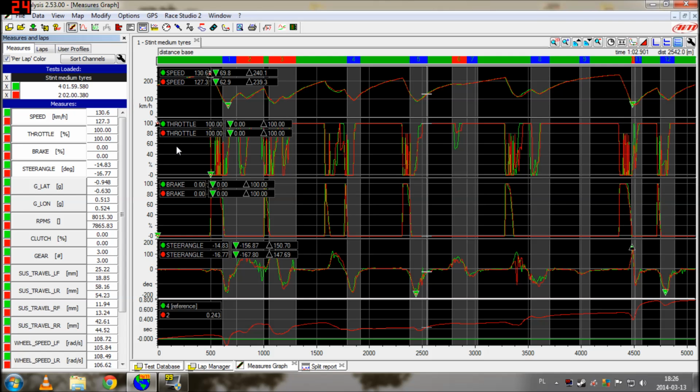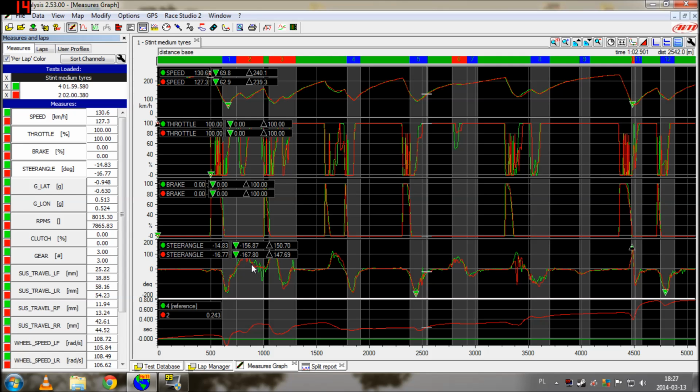The second is throttle, self-explanatory. Brake, also self-explanatory. Steer angle, so how much you turn your steering wheel. When the value is negative, we turn right. When the value is positive, we turn left.